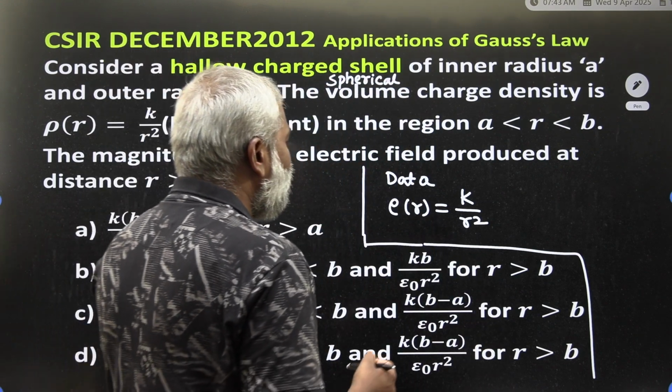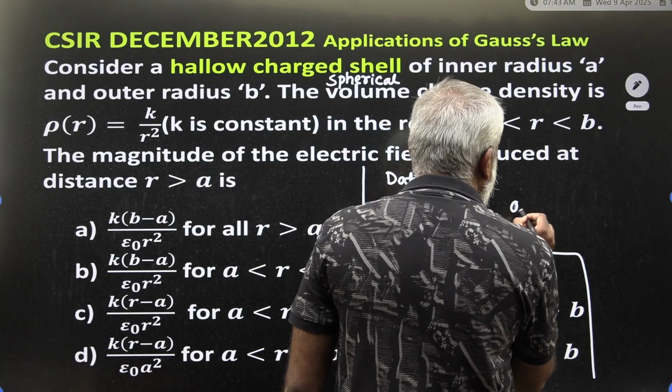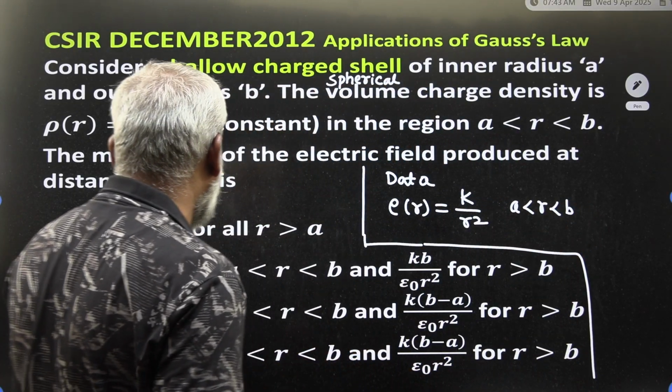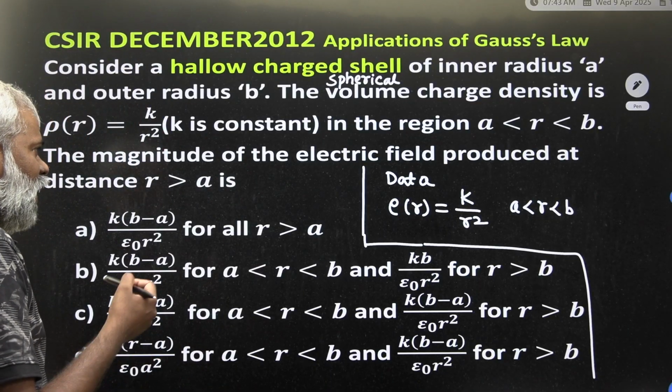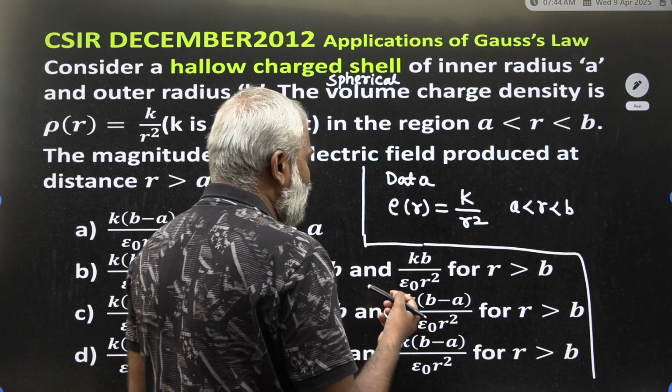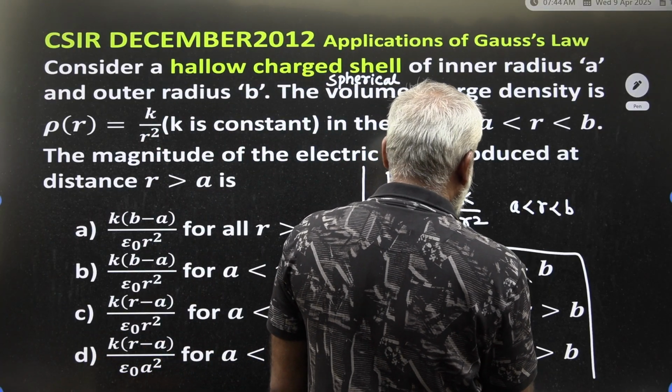In which region? a is less than r is less than b. The magnitude of the electric field produced at a distance r greater than a also we need to calculate.